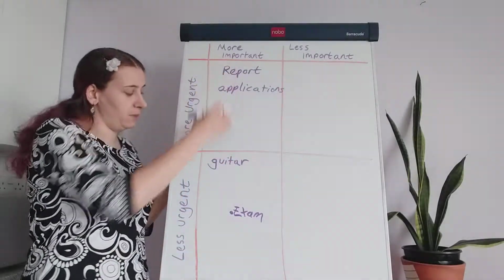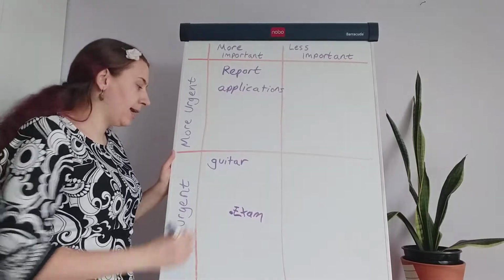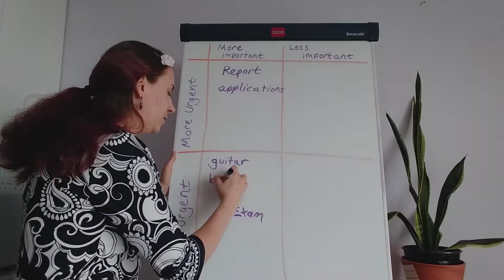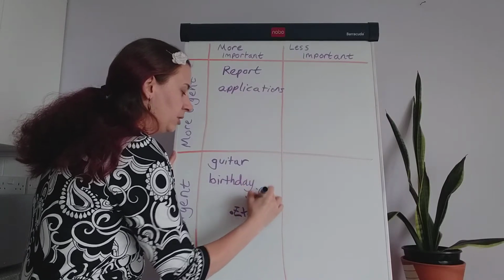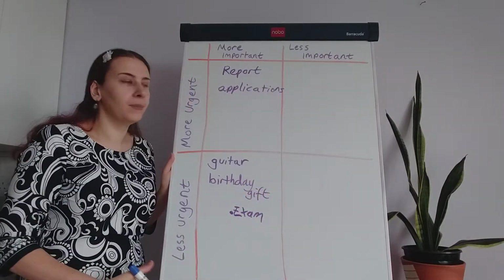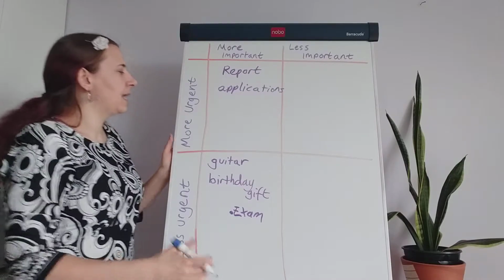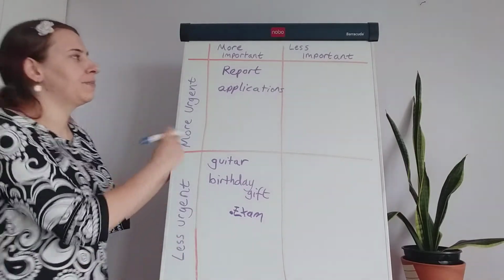So it's important to me, but there's no time deadline on it. It might be go and collect somebody's birthday gift, but I've still got 2 weeks left to do it. Then this box is things that are less important but maybe more urgent.